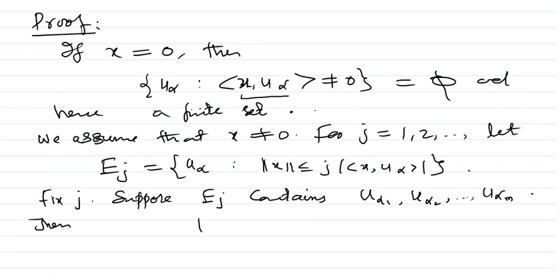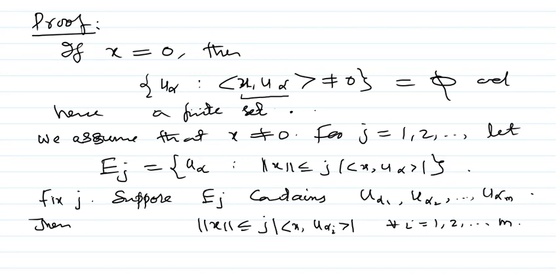Then norm x is less than or equal to j times the modulus of the inner product of x with u alpha i, for all i running from 1 to m.